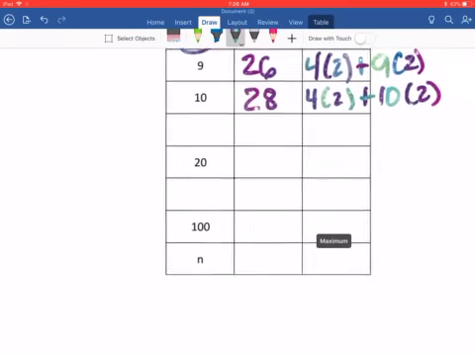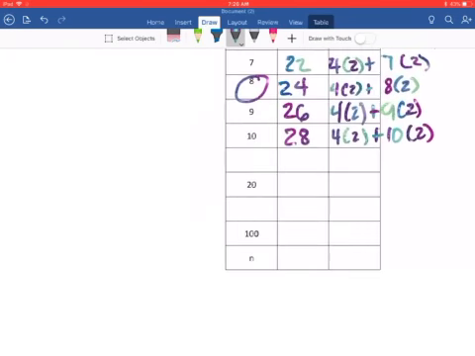Alrighty, so let's talk about 20. Pause the video right now and see if you can figure out what the perimeter would be if I had a 4 by 20 rectangle.